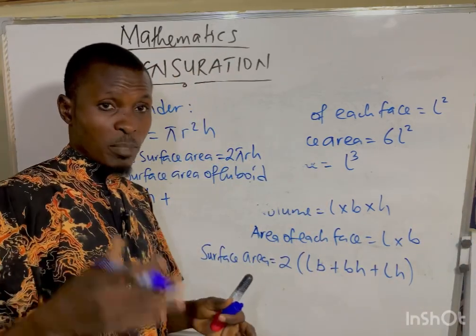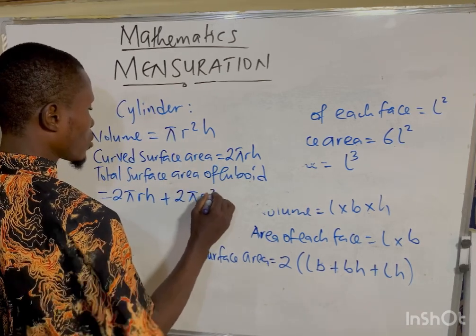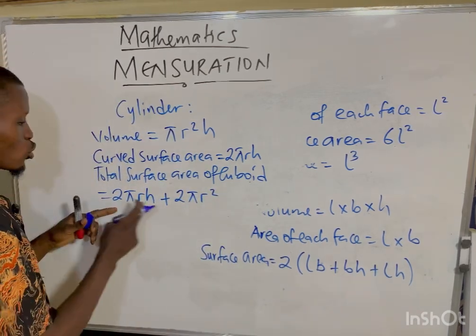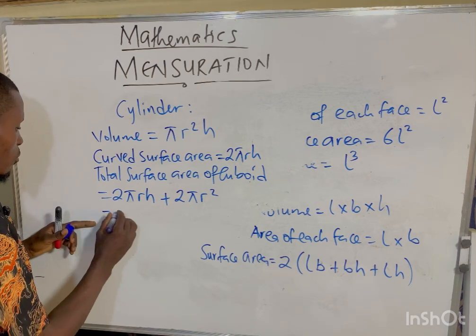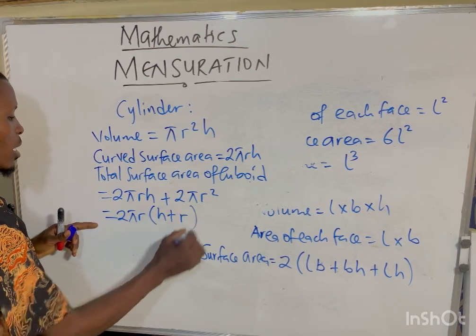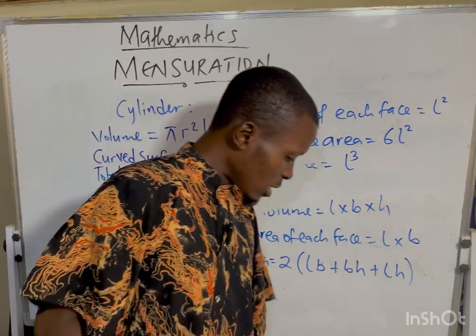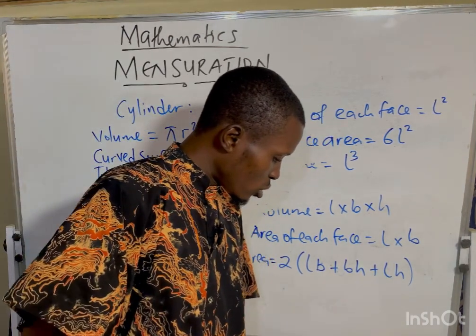Each circular base is pi r square. For both, it will be 2 pi r square. So when you factorize 2 pi r, you have 2 pi r times h plus r. This is the total surface area of a cylinder. We're just trying to recall these formulas.